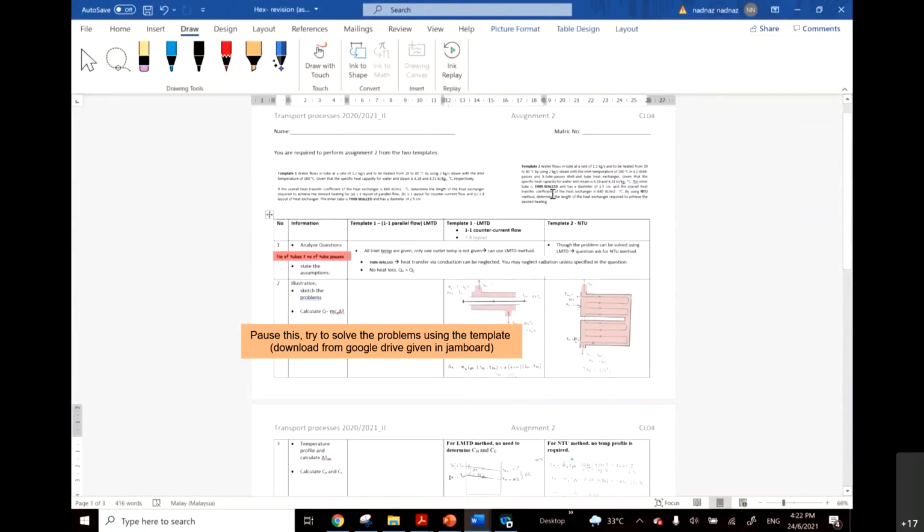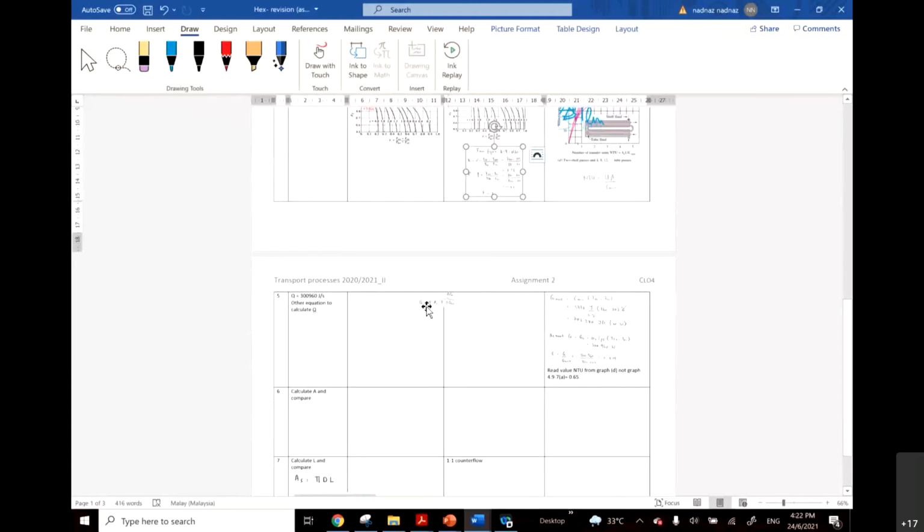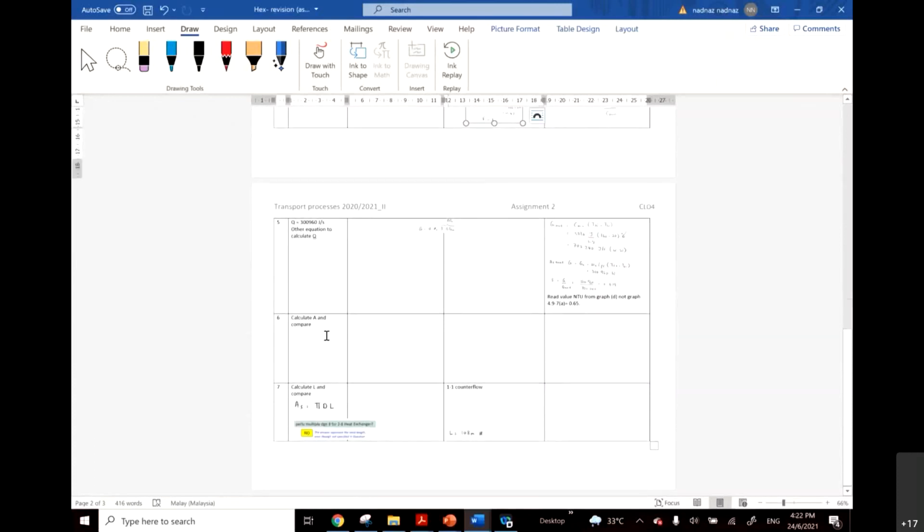The question asks you to determine the length. So if you know the Q, you can calculate the area. So you can compare the area for 1-to-1 parallel, 1-to-1 counter, and also 2-to-8. After you get the area, you can calculate L because area is pi dl.